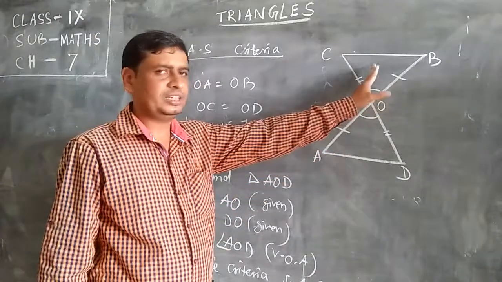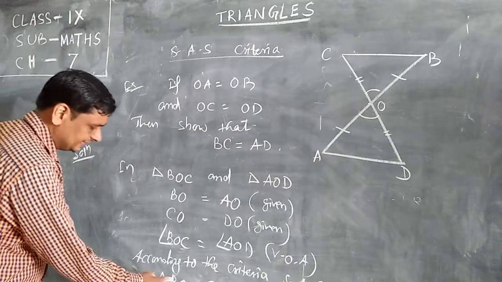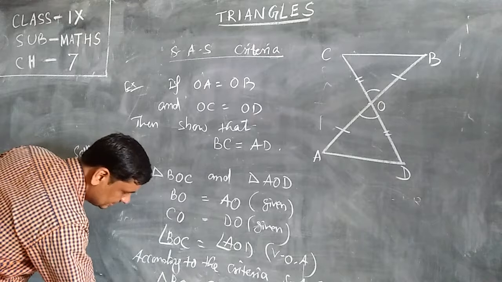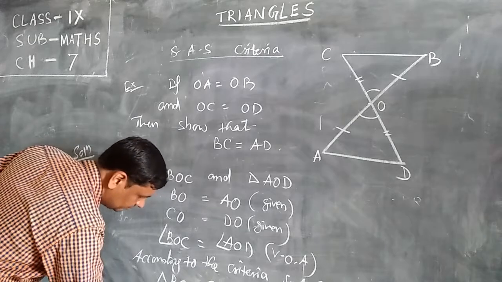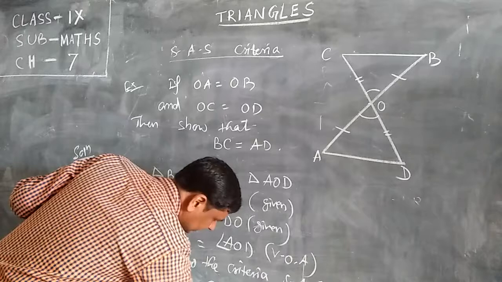Since both the triangles are congruent, we can write side BC equals side AD. This implies side BC equals side AD by CPCT.